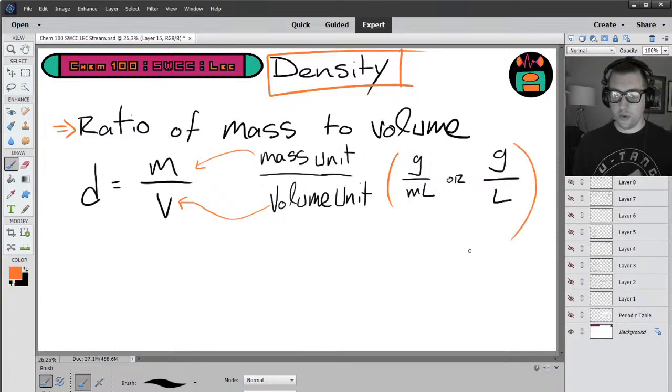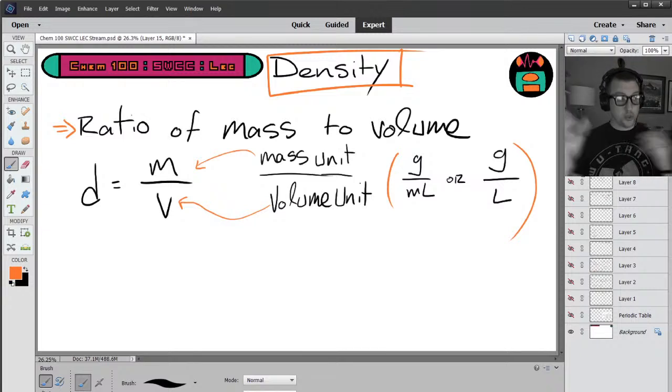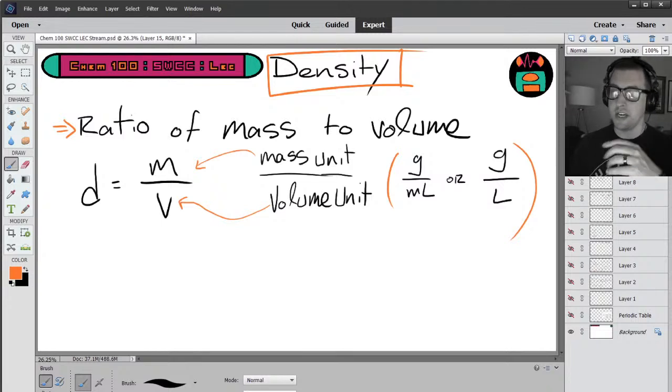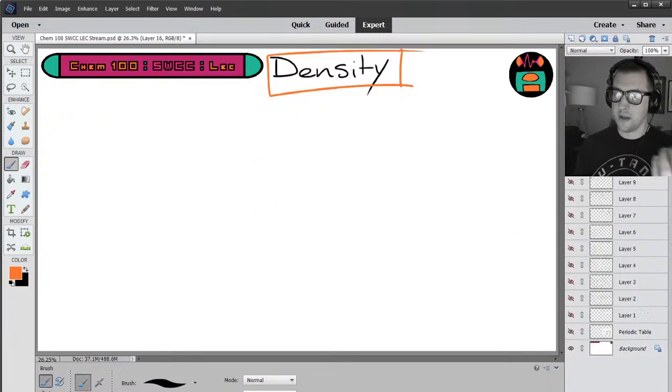It could be really anything, any mass unit over any volume unit. And density gives us our first foray into problem solving in a chemical context because it relates two different measurements, mass and volume, together in a ratio. So this equation for density allows us to solve problems like the following.